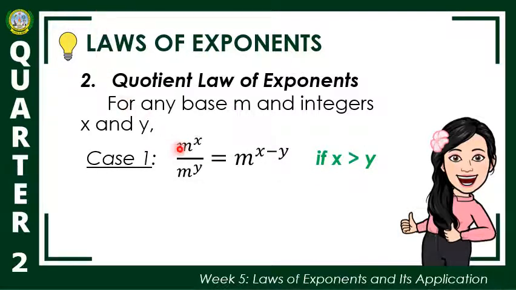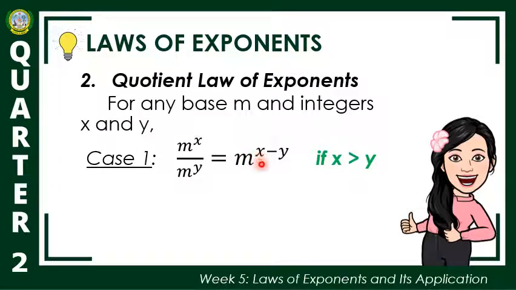So, m raised to x divided by m raised to y can be simply written as m raised to x minus y. So, kabaliktaran siya nung kanina, di ba? Pag nag-multiply tayo with the same base, we add the exponent. So, dito naman, when we divide expressions having the same base, we subtract the exponents, okay?